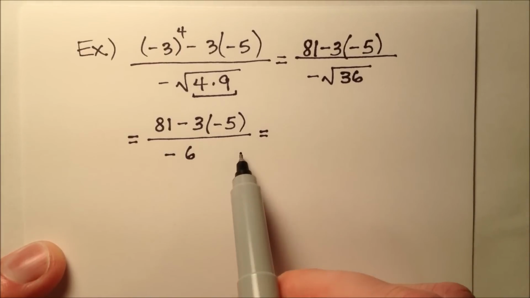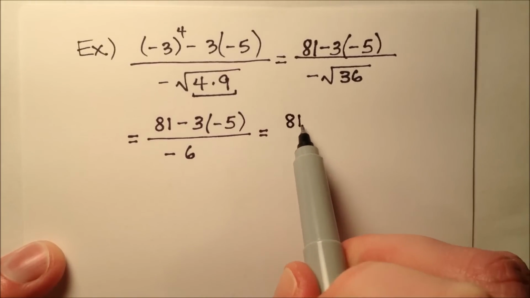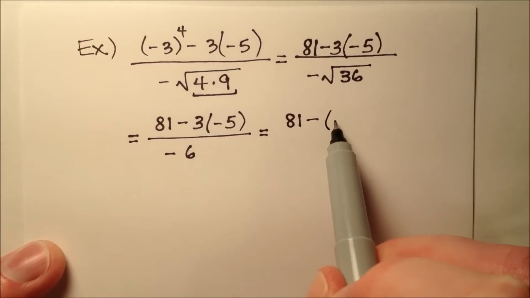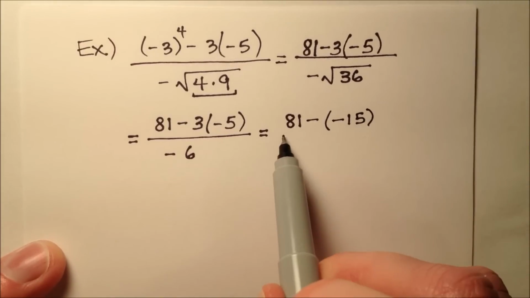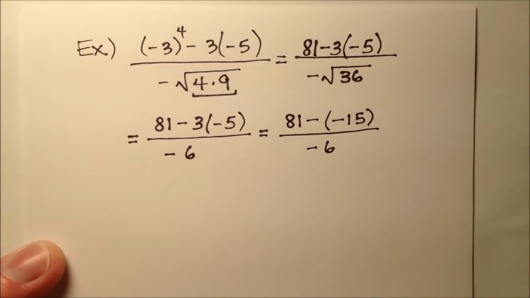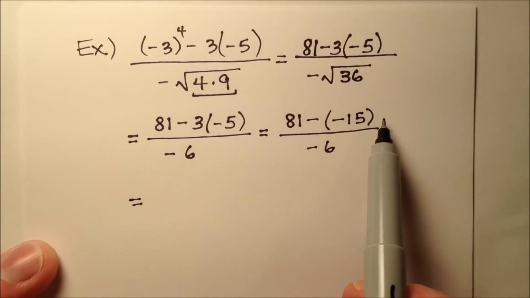Let's go ahead and see what we can do with this numerator now. When we multiply, we're going to get 81 minus, and then 3 times a negative 5 is a negative 15. And that negative 6 kind of hangs out there still. Okay, let's jump down here. Well, let's do our addition and subtraction from left to right.